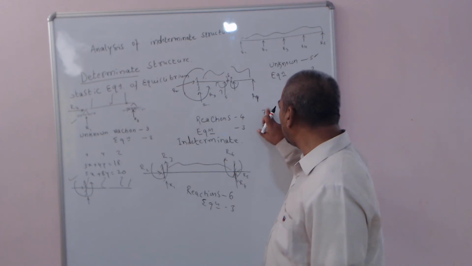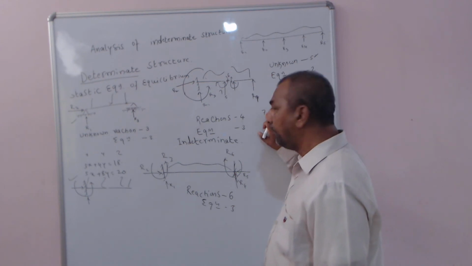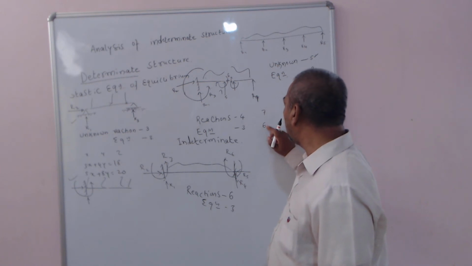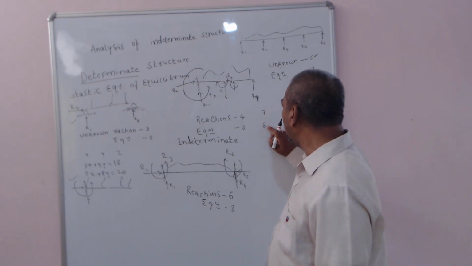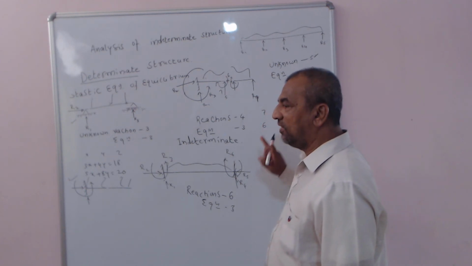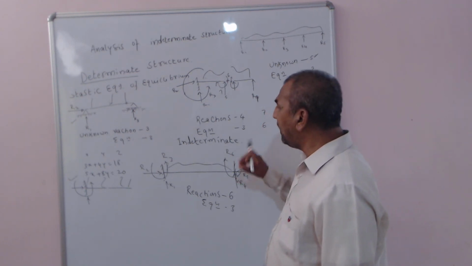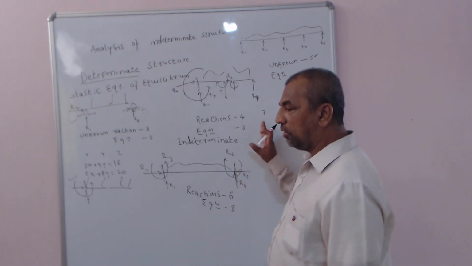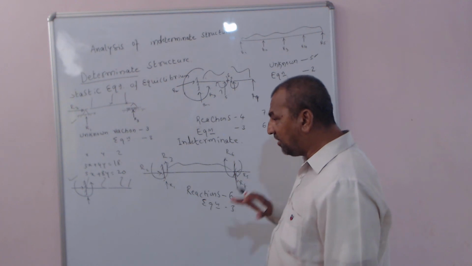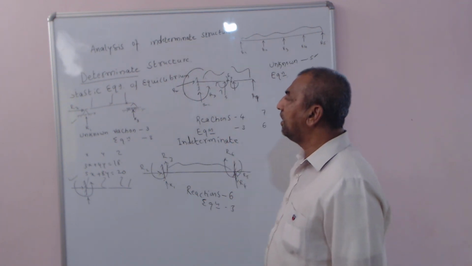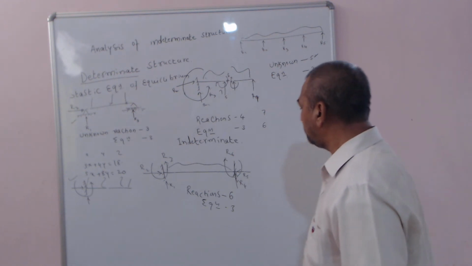For example, here the extra unknown left out with me is 1, because unknowns are 7, equations are 6, extra unknown is 7 minus 6 equals 1. I need one additional equation apart from the equilibrium equations to solve this problem. That itself is the base for analysis of the indeterminate structure.